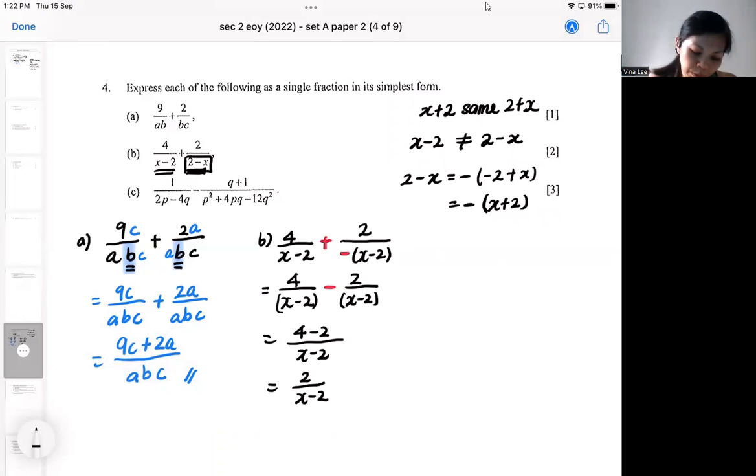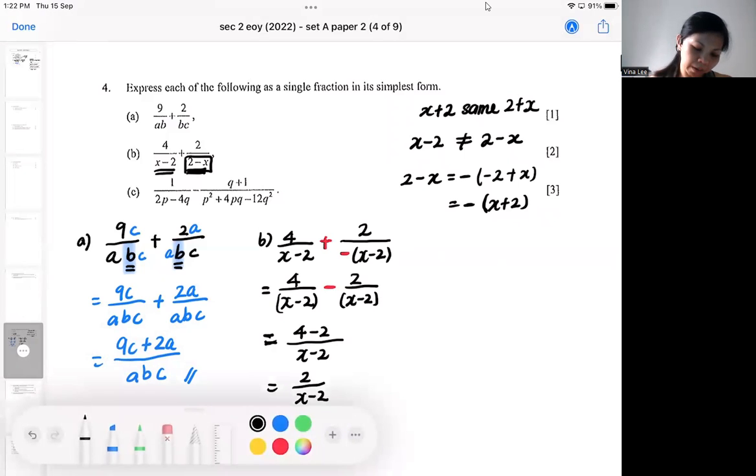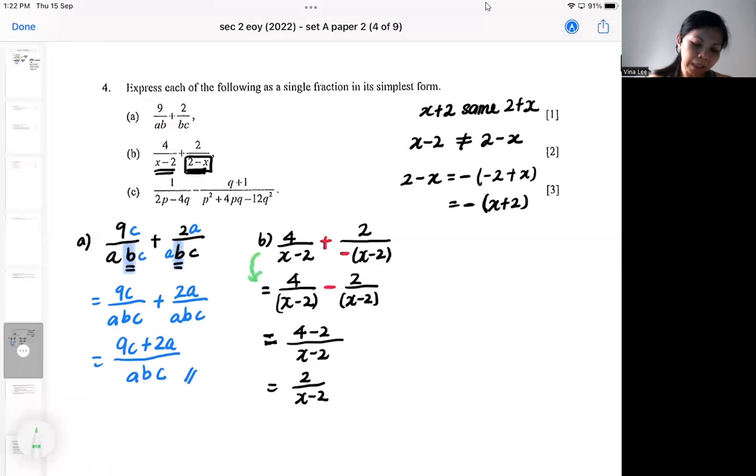So you must do it with an equal sign. That means you must have the thinking: one step leads you to another step. It is your systematic thinking. So every step, there's actually a technique, something that you do. So that is for part B.